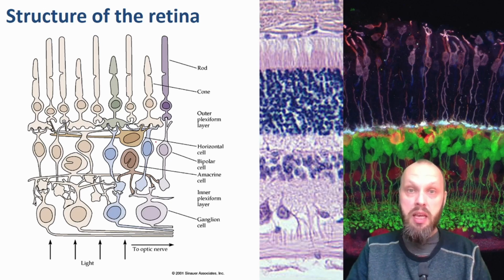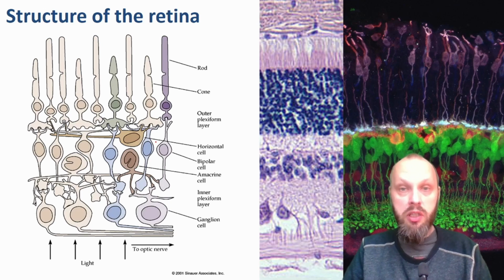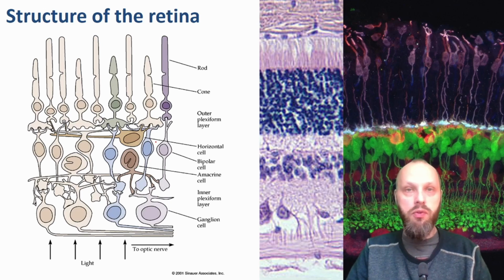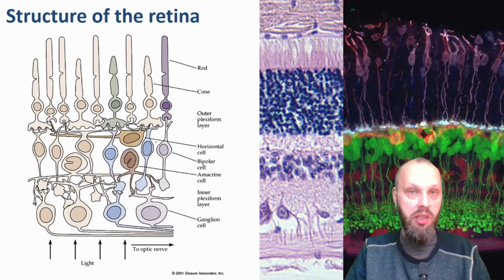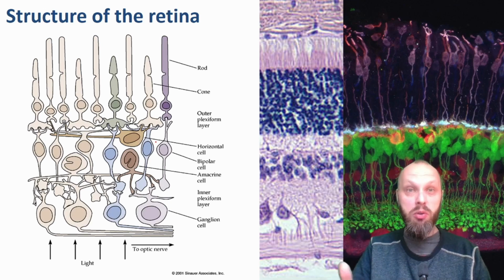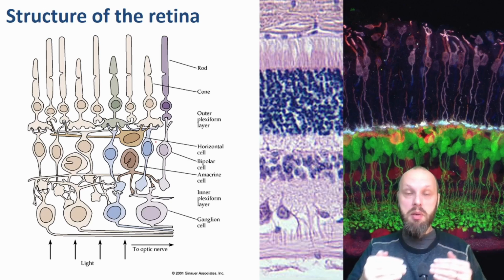Either way, if you make cells visible one way or another, you notice that the retina is very layered. It's differently layered in different species, so these two pictures almost certainly come from different species, and I'm not sure from which ones exactly. Probably it's the mouse behind me, but I'm not quite sure. Anyways, the layers may be slightly different.